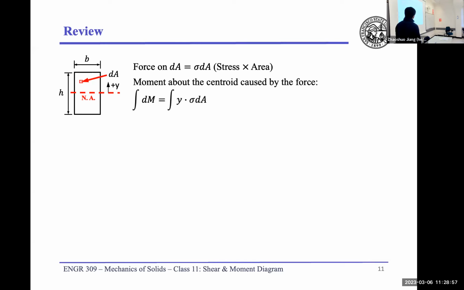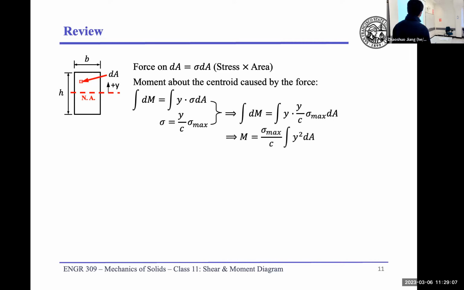And if we take the moment from that particular location to the centroid, here is the integration. We substitute in the stress we calculated before, and that is our moment. Again, what we're trying to do is, if I give you the moment, we're trying to find the stress. We're one step closer to that.